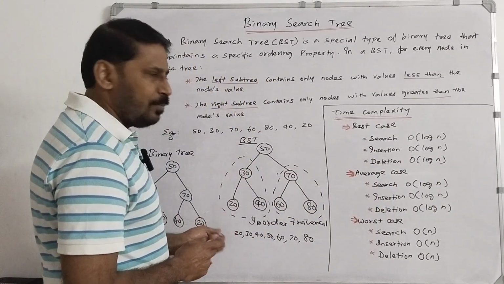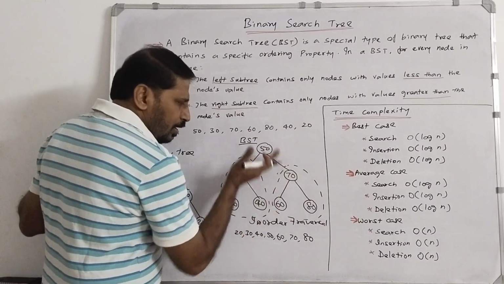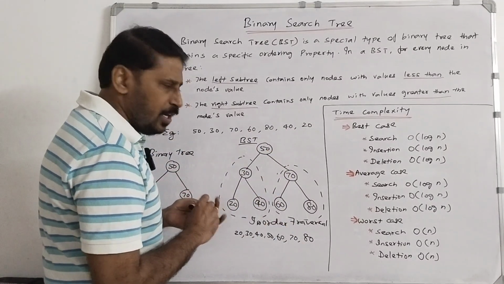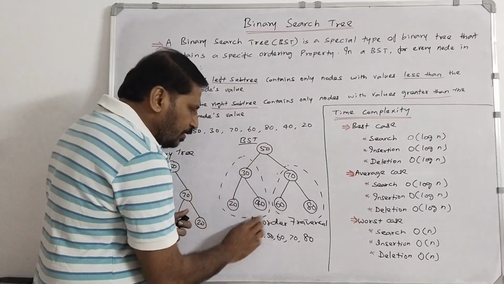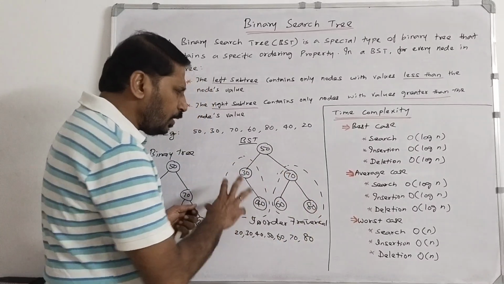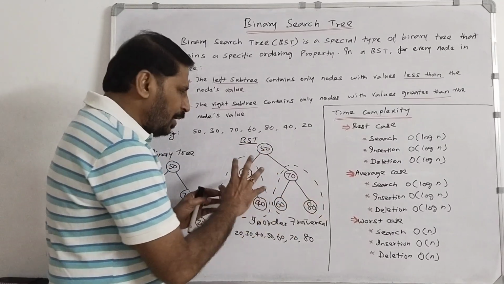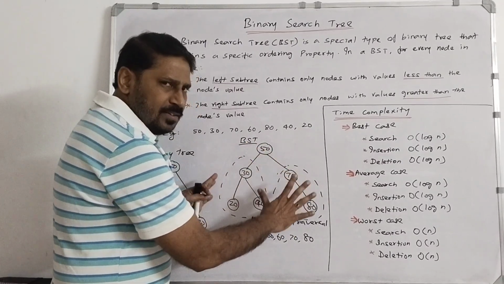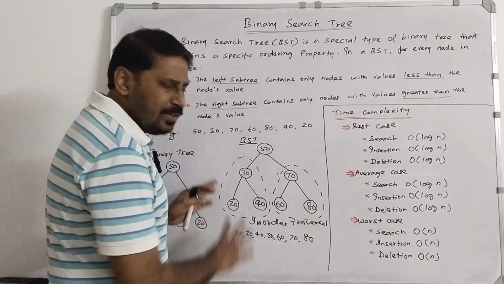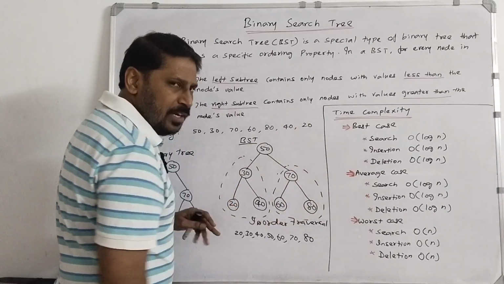What do you mean by worst case? Suppose numbers are given in such a way that we are forming a balanced binary tree. What do you mean by balanced binary tree? If the left has 3 children, the right also has 3 children, this type of tree is called a balanced BST. Whenever the tree structure is a balanced binary search tree, it comes under best case or average case.